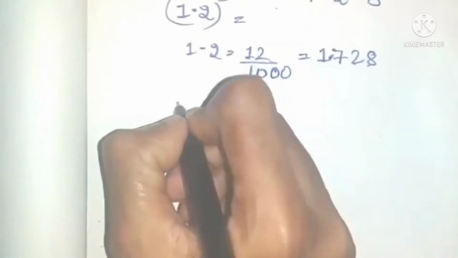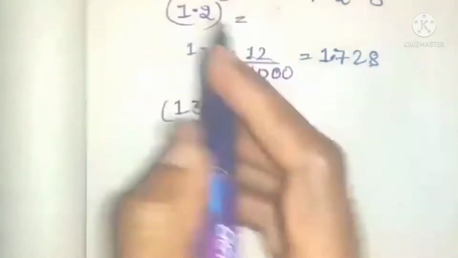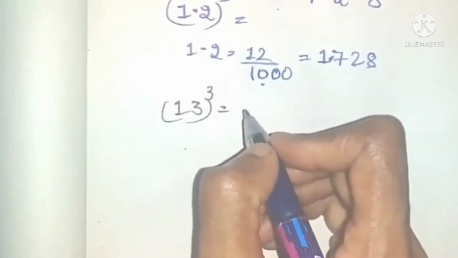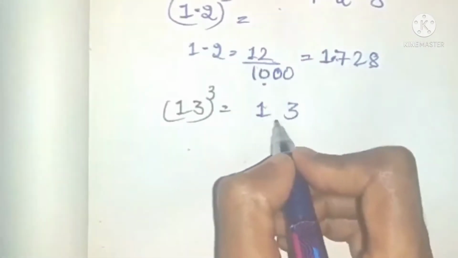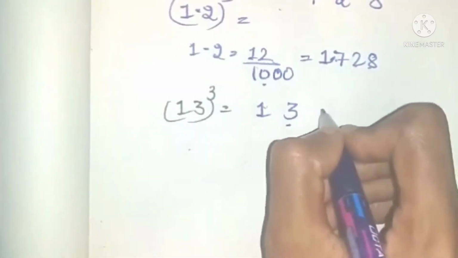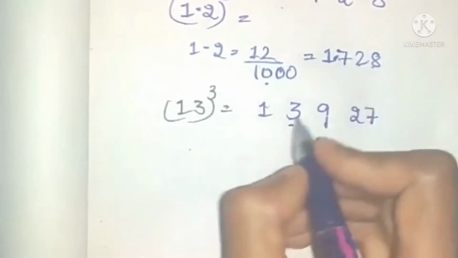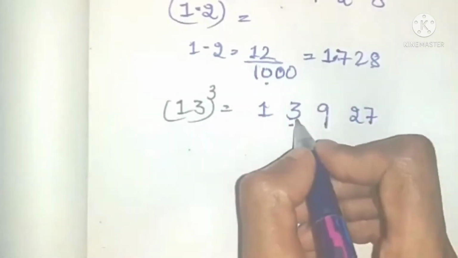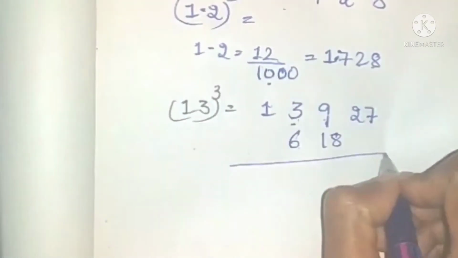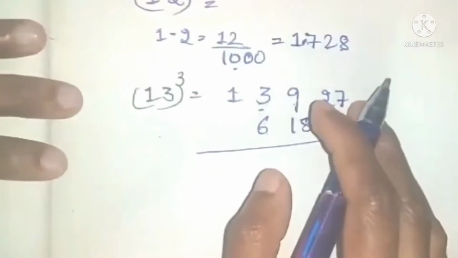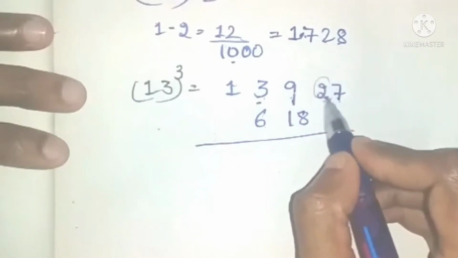Now let's find for one more cube, that is 13 cube. So the answer is, take this 1 3 as same, and now square this 3, that is 9, and cube this 3, that is 27. Now leave the first and last. Now double this number, that is 6, and 9, it's 18. Now observe very carefully. Here 7 we get 7, and take this 2 as carry here.